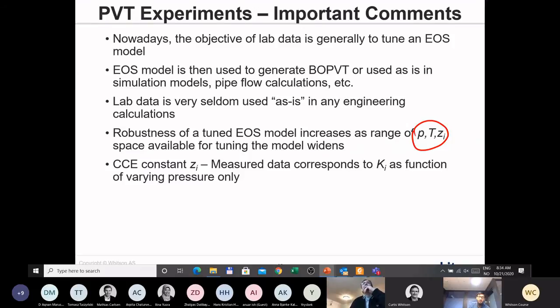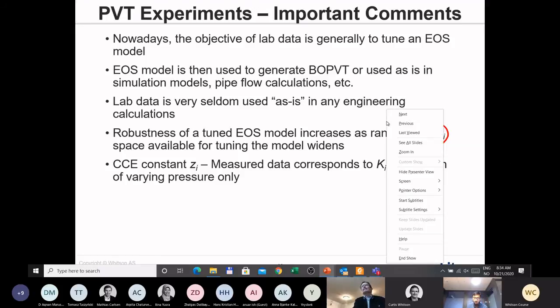So you are measuring data that corresponds to the K values as a function of varying pressure only. You have a constant temperature, you have varying pressure, and we are not changing the total composition in the PVT cell.